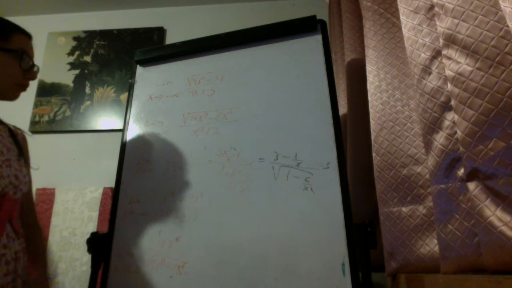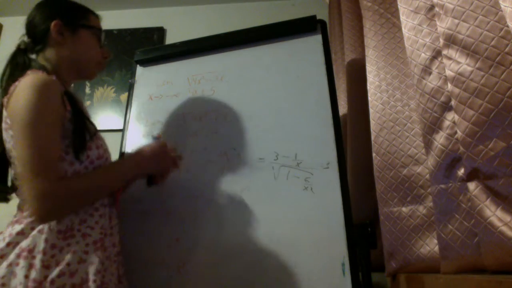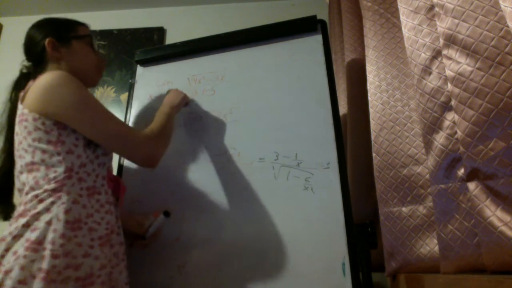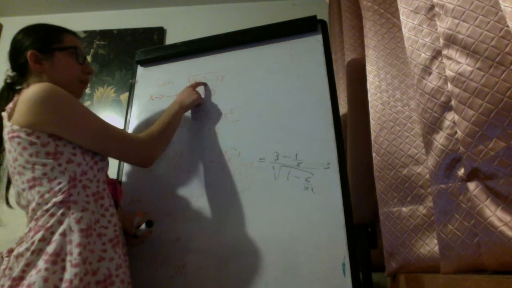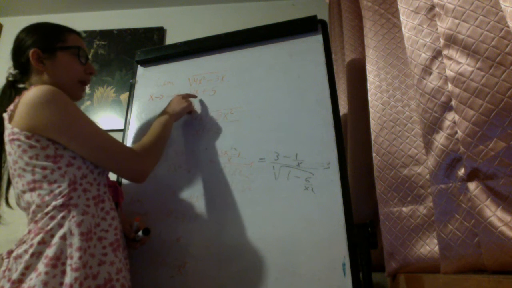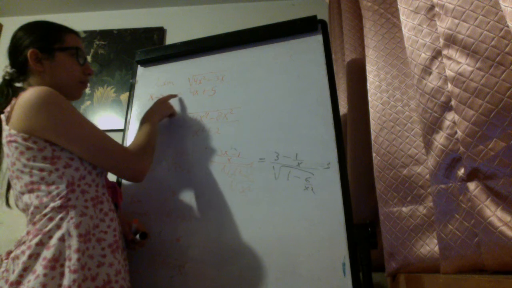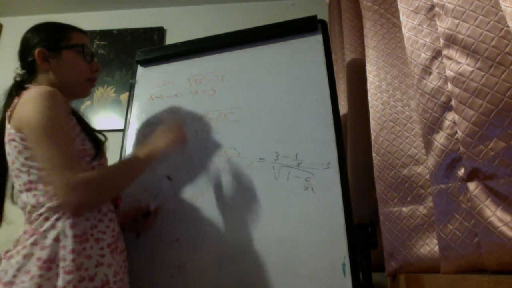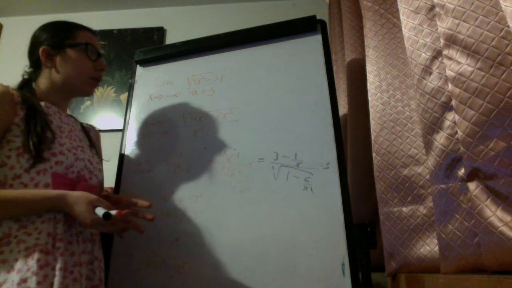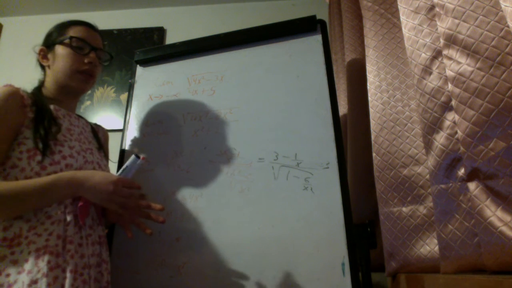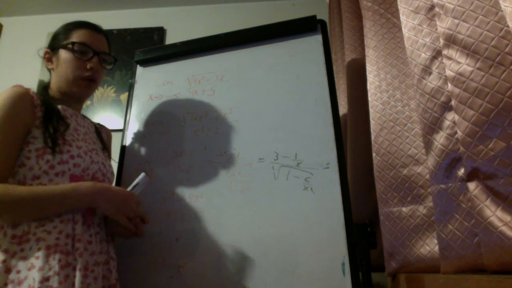Let's see here. The limit as x approaches minus infinity of square root of 4x squared minus 3x divided by 4x plus 5. We will divide this one by the square root of x squared and this one by x. But because we are approaching negative infinity, remember that the square root could give you a positive or negative value.